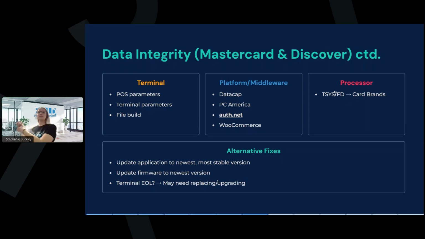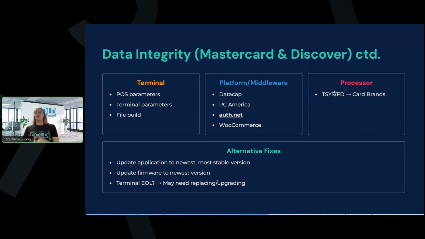These are areas that are beyond us. But we started at the terminal, we went to middleware, and we figured out that there must be something wrong with the processor. I'll go over when to get us involved in that circumstance in the next slide. But in very rare circumstances, it's the processor communication between banks and card brands.